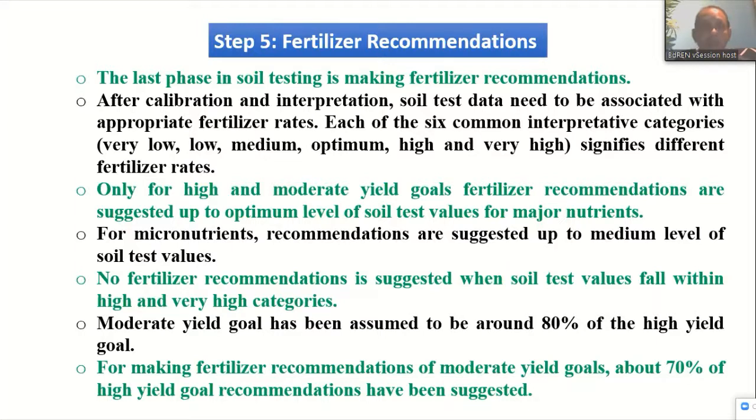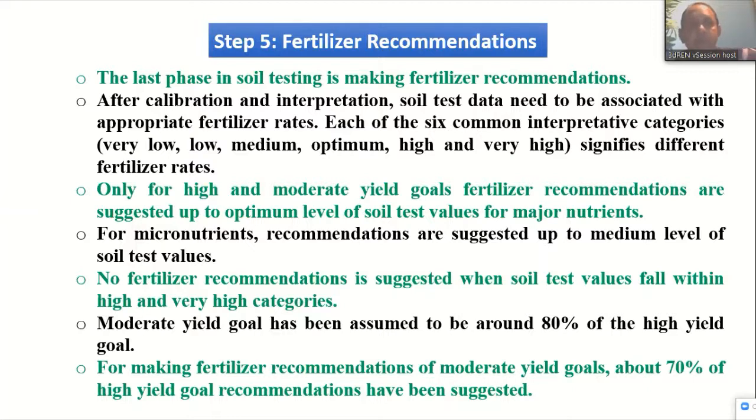That also should be considered. In actual sense, we use 6 common interpretative categories: very low, low, medium, optimum, high, and very high. These 6 categories are considered. That means our yield goal depends on the farmer's ability.